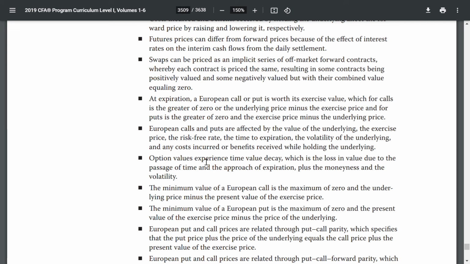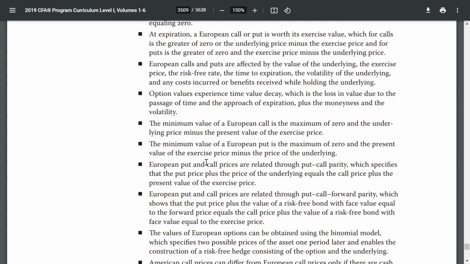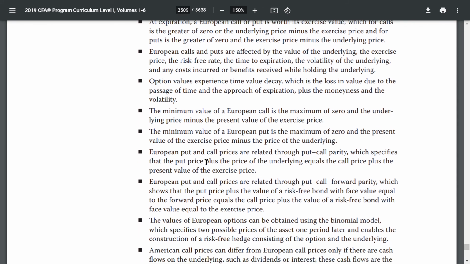European calls and puts are affected by the value of the underlying, the exercise price, the risk-free rate, the time to expiration, the volatility of the underlying, and the costs incurred or benefits received while holding the underlying.